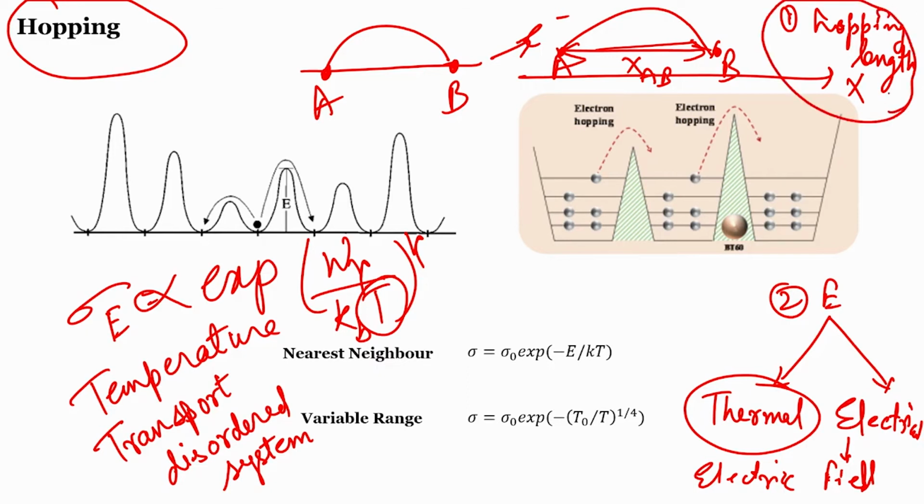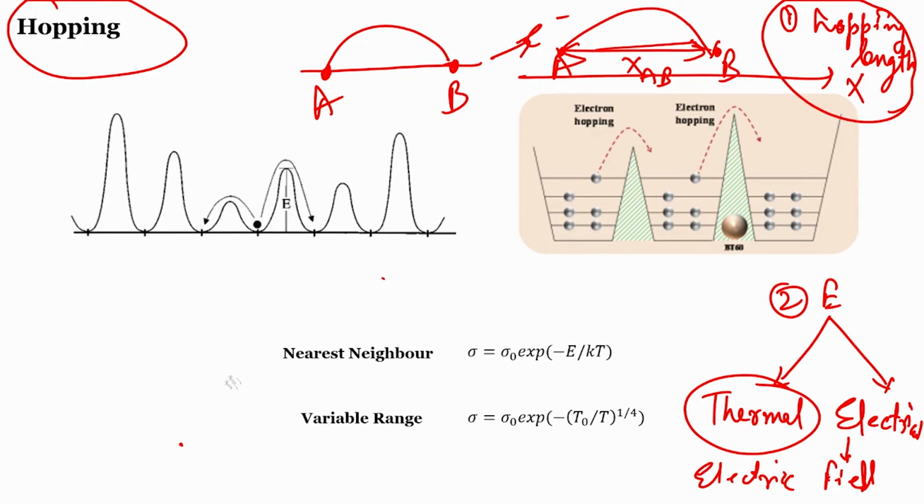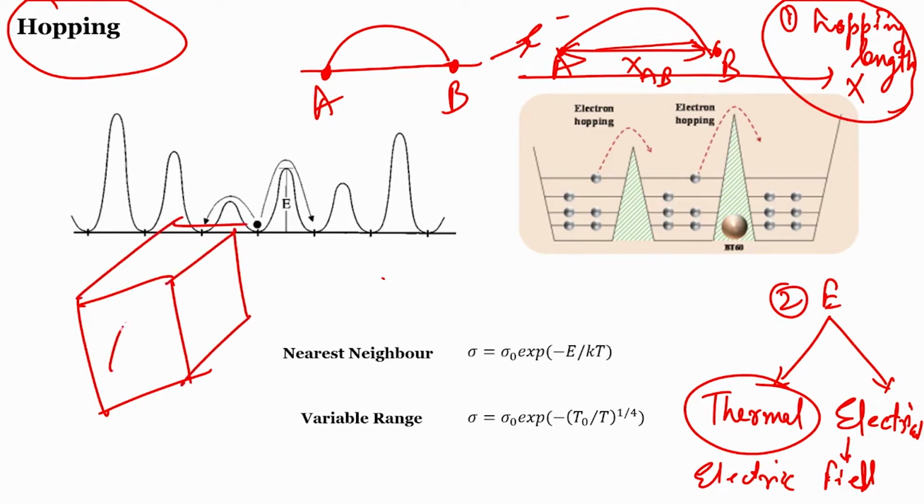What does hopping length mean? Going back to the previous slide, where we had that picture of a polymer composite with a polymer matrix filled with carbon nanotubes, there were two cases that we discussed: P less than Pc and P greater than Pc.